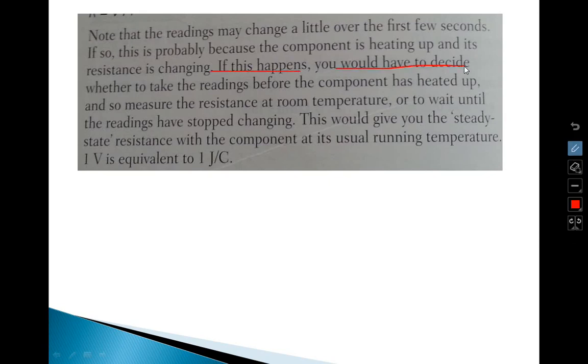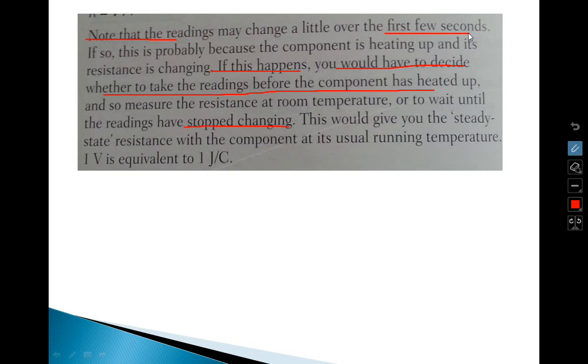You would have to decide whether to take the reading very quickly before the component has heated up, or wait until the reading is stable and stops changing. So just note this: the reading may change a little over the first few seconds. It keeps changing.